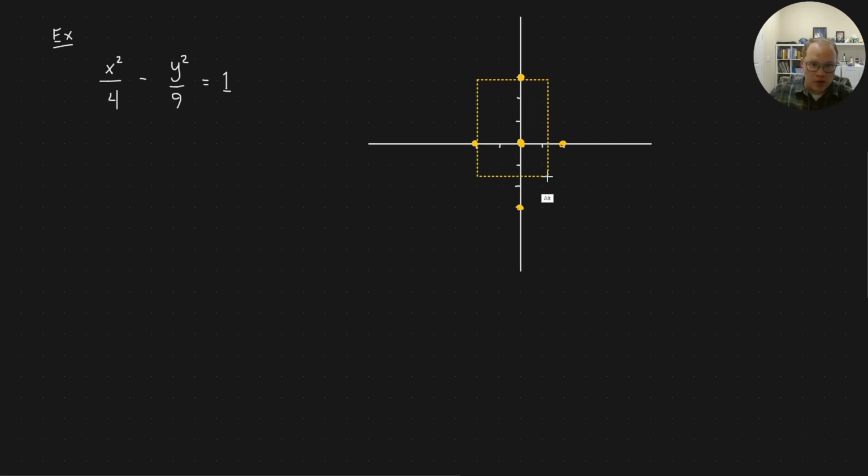Draw a box through those 4 points. And then through the corners of the box, I draw my lines, my asymptotes.